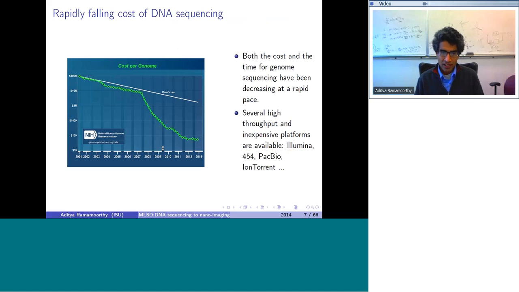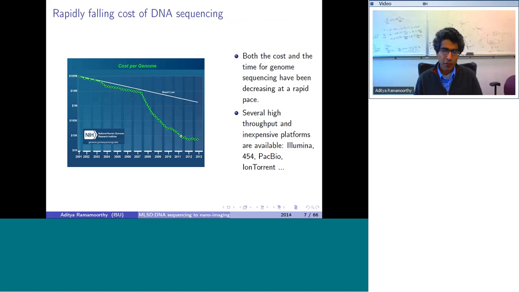This technology has been in the news lately because the cost of sequencing has fallen dramatically. Here's a chart that I pulled off the internet. The curve in white shows Moore's law, the rate at which chips are becoming less expensive, versus the cost of sequencing. They say very soon you should be able to sequence your own genome for about $1,000.